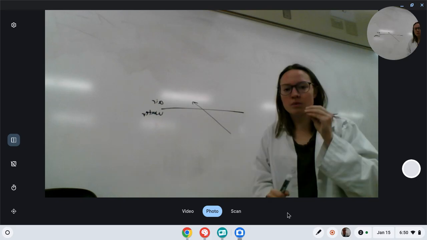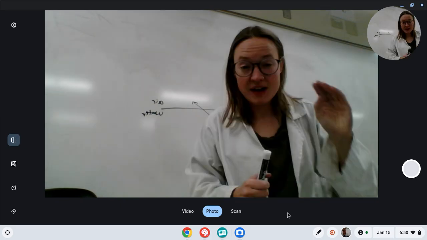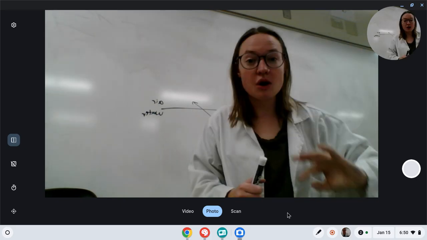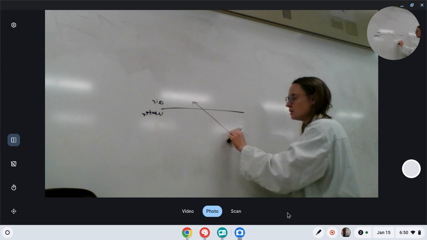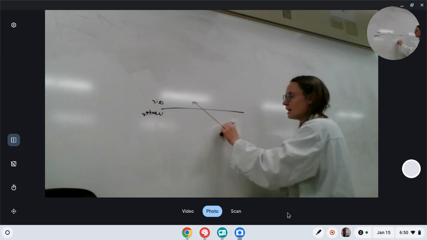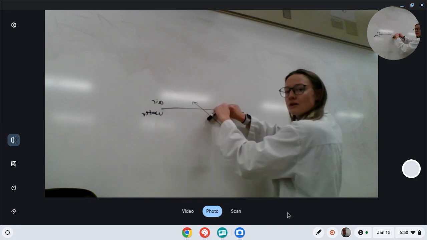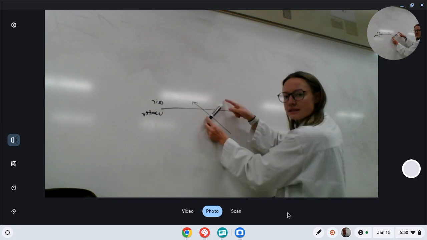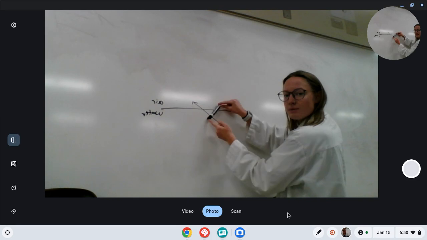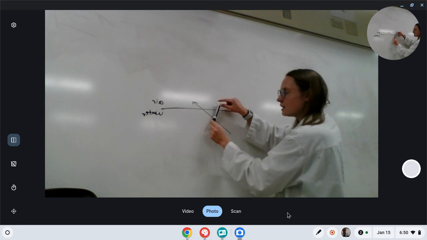Well, we learned that sound travels much faster in liquids and much slower in gases. So you would have a situation where a sound wave is going like this, it's going at quite the speed, all of a sudden it gets into the air, and this part of the wave gets into the air, this part slows down, this part of the sound wave is going to keep going fast. So it's going to look something like this.